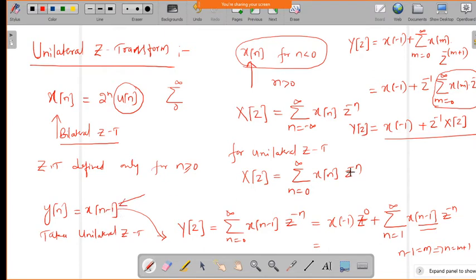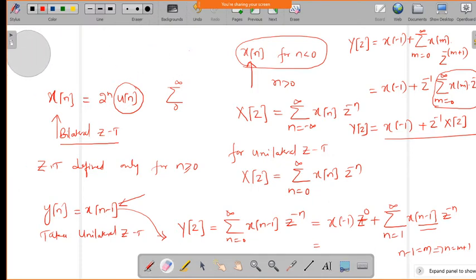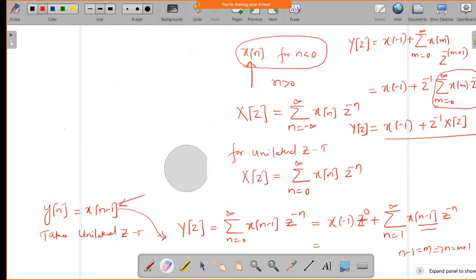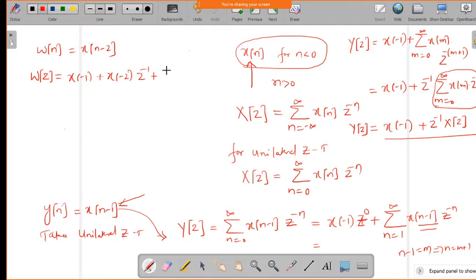Now this is your y of z, the unilateral z transform when the input signal is x of n minus 1. Similarly, we can write the unilateral z transform for different shifted versions of signals. For example, w of n, if I define it as x of n minus 2, then I can write w of z, which is nothing but x of minus 1 plus x of minus 2 into z power minus 1 plus, and similarly you can go on, and write it as z power minus 2 into x of z.